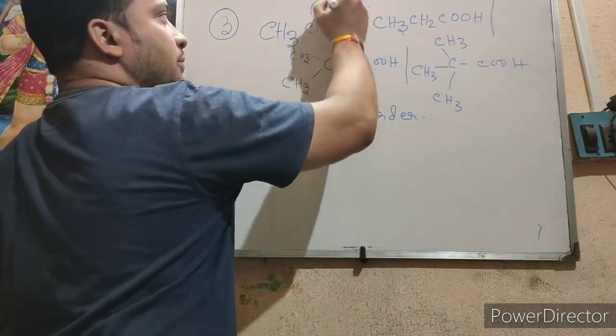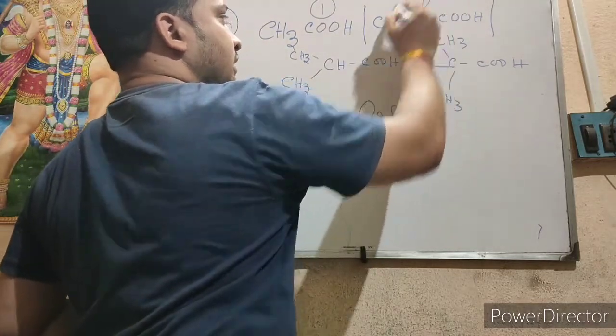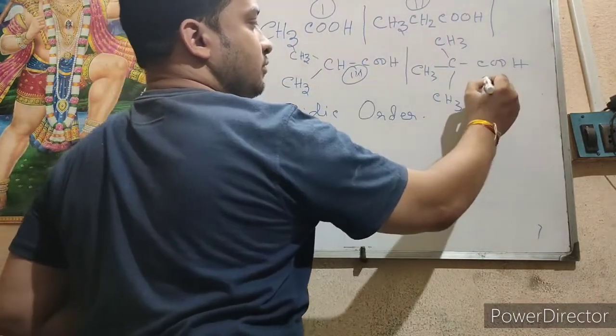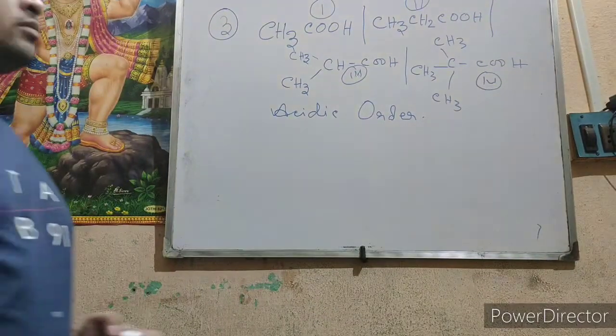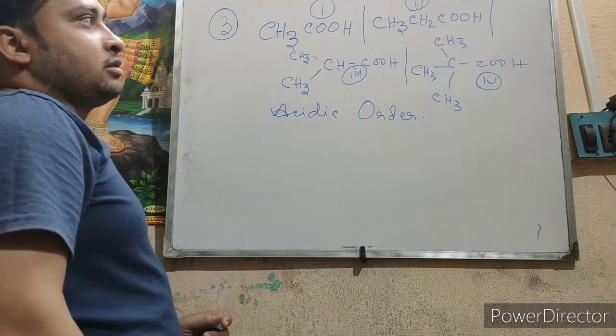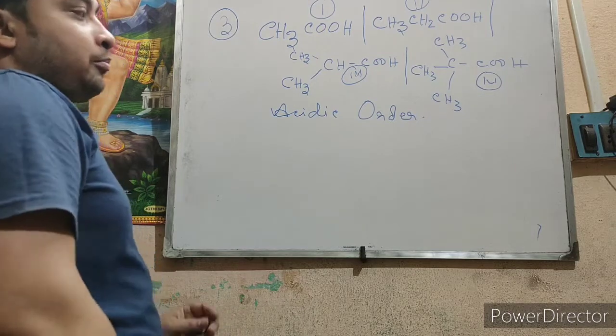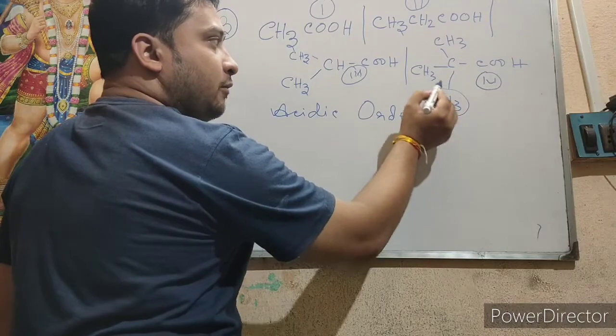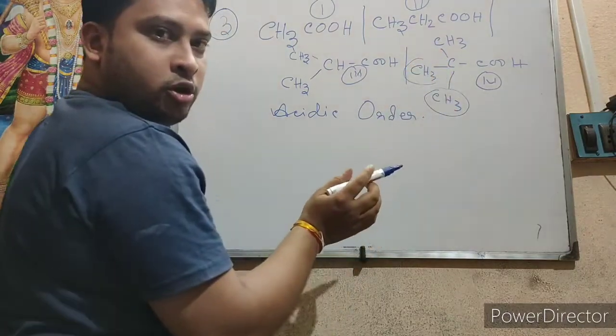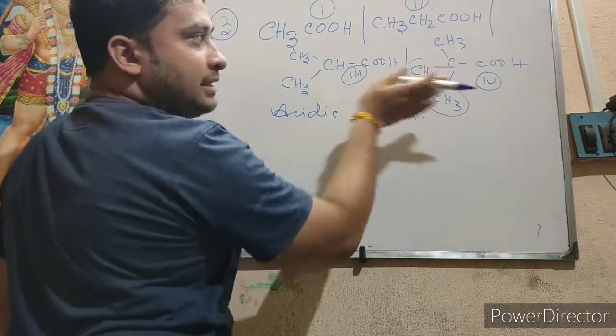So this is the first compound, this is the second compound, this is the third compound, and this is the fourth compound. Which shows you more acidity? Look, the number of bulky groups is 3.